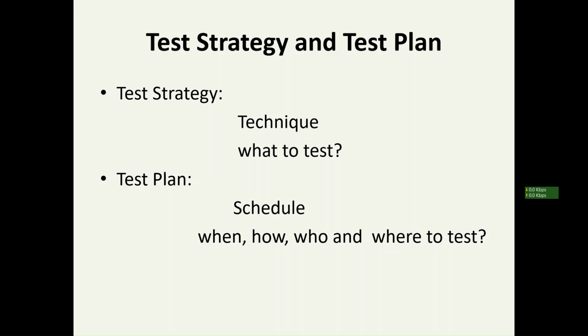All these things will be clearly mentioned in your schedule: when to start, when to stop, how you are going to test, manual or automation, who is going to test, and which environment. So test strategy means what to test, and test plan means when to test, how to test, who to test, and which environment to test.